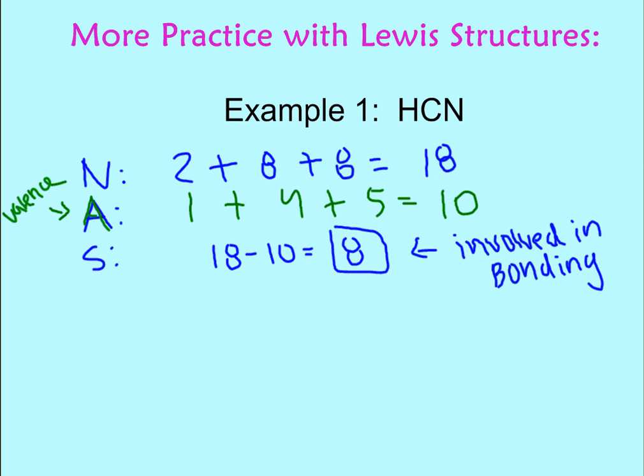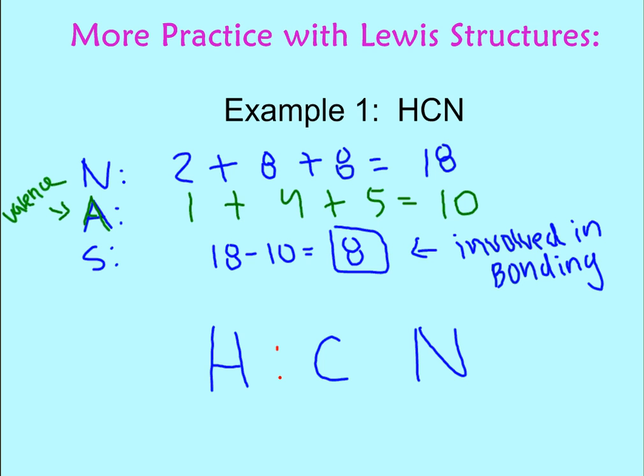Now I'm going to draw my skeleton, which is going to be HCN. Remember, hydrogen can only have 2 electrons by it, so I'm going to use my shared electrons first. There's 8 of them, and only 2 can go here.